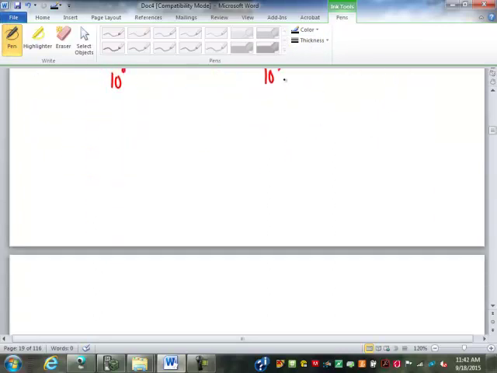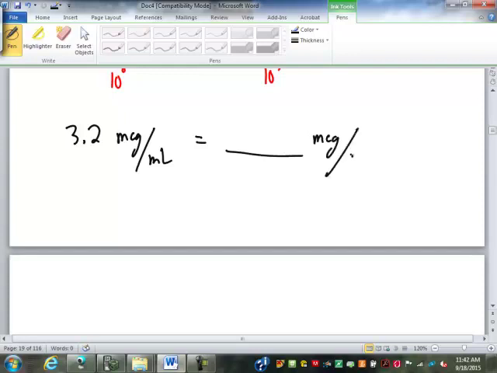We might convert 3.2 micrograms per milliliter. And we want to know what that is going to be in micrograms per liter.